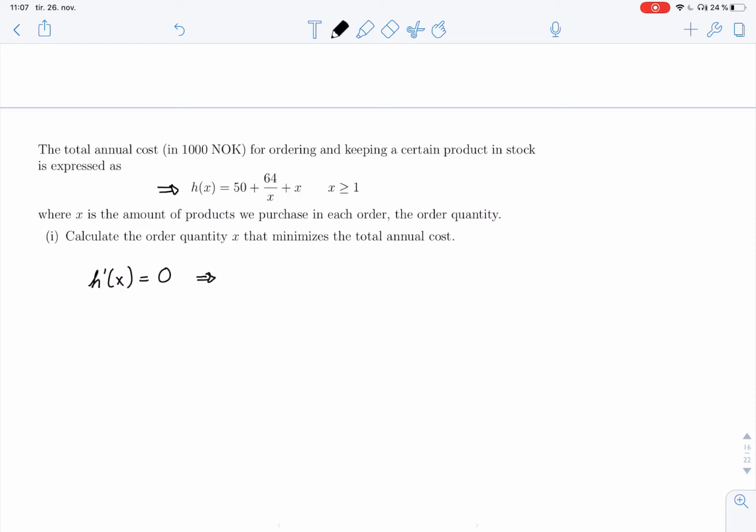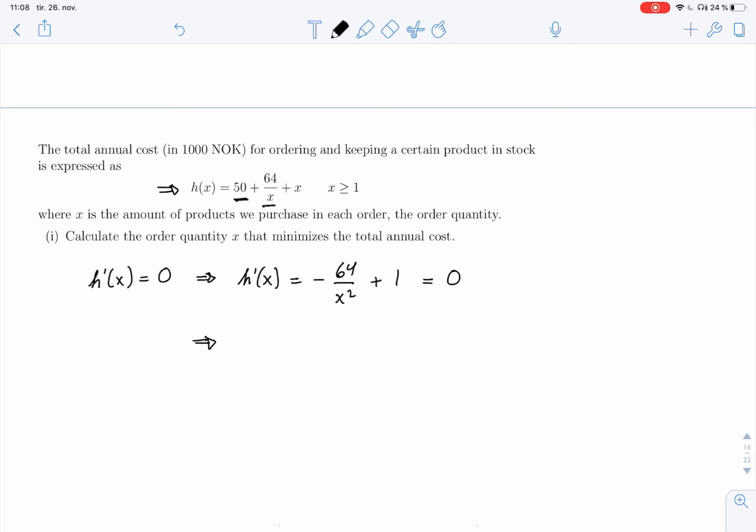Okay, so h prime of x equals, if you find the derivative, minus 64 over x squared plus a half x squared. No, now I found the integral. Sorry. Plus 1. And that has to equal 0.